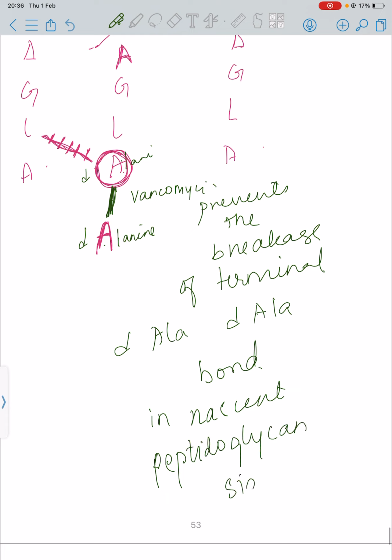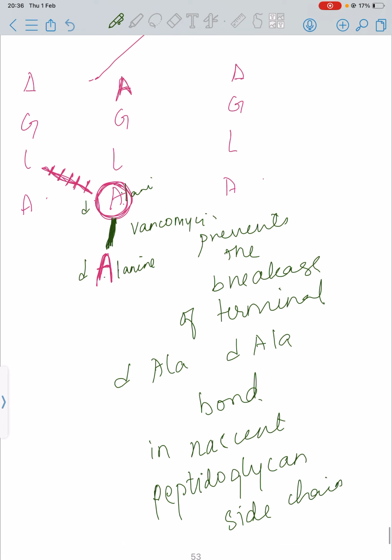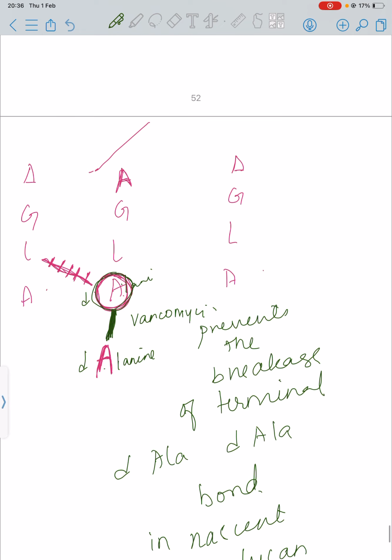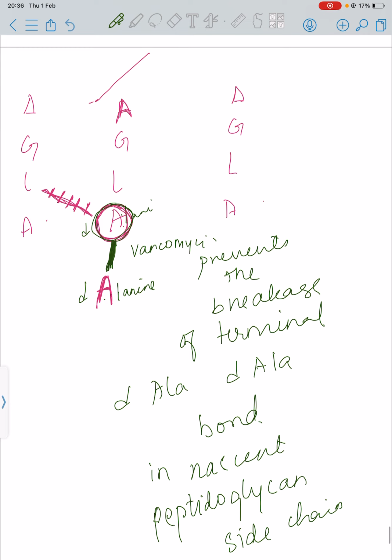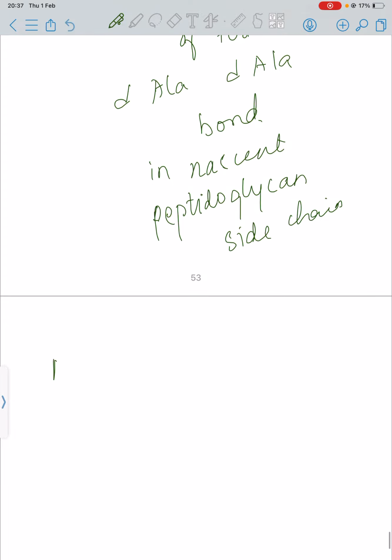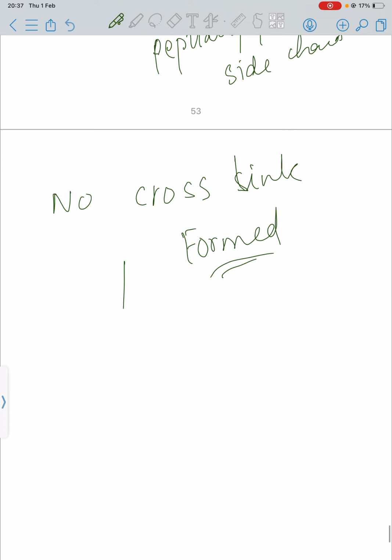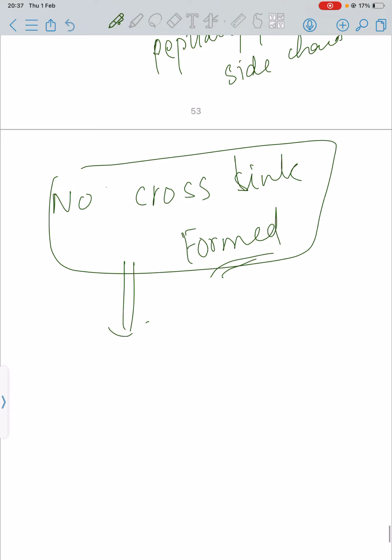side chain. So what is the result? Because this bond is not broken, this alanine cannot form a bond with another lysine. As a result, there is no cross link formed. Yesterday also I mentioned, if there is no cross link formed, there will be no stability.